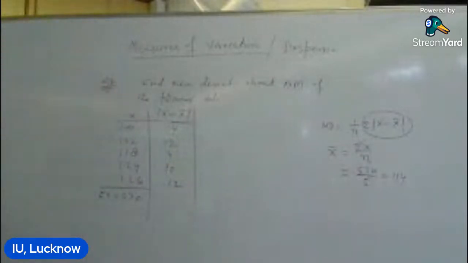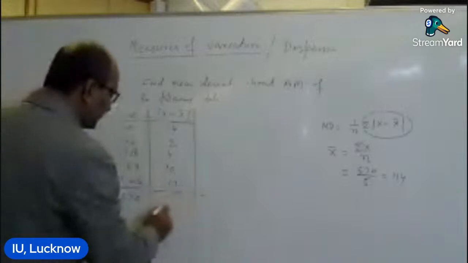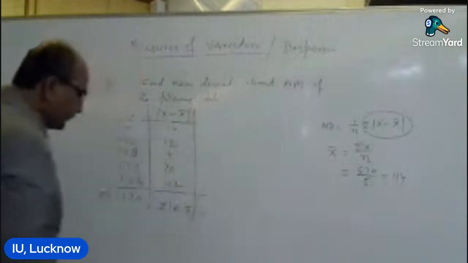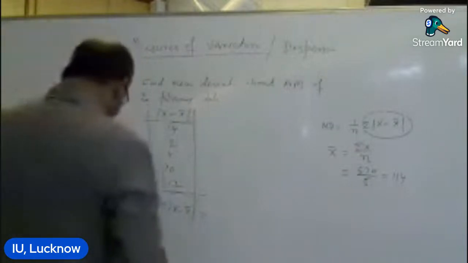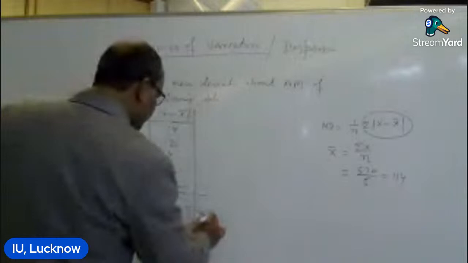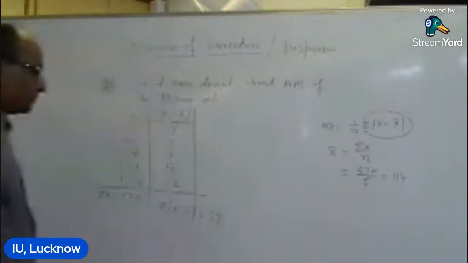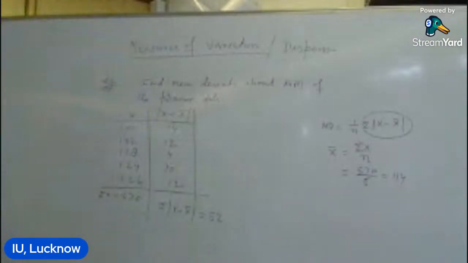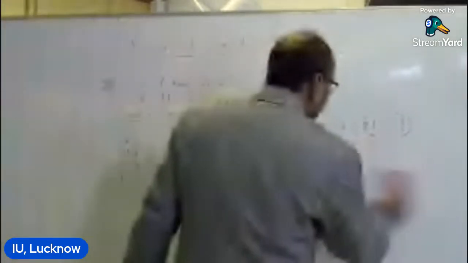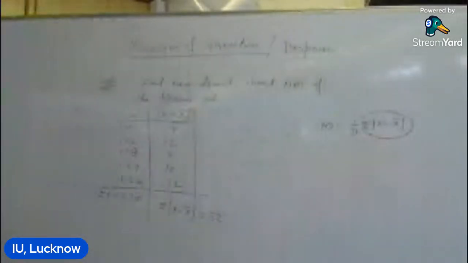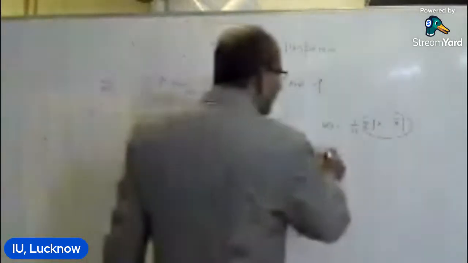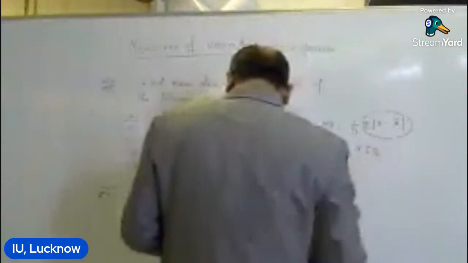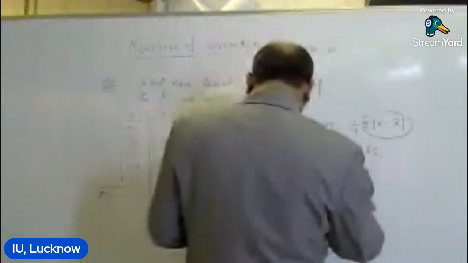Now the sum of these values, so this will be summation mod x minus x bar, and it will give you 52. So the mean deviation you will get from this data is 1 upon 5 into 52, and this will be 10.4.